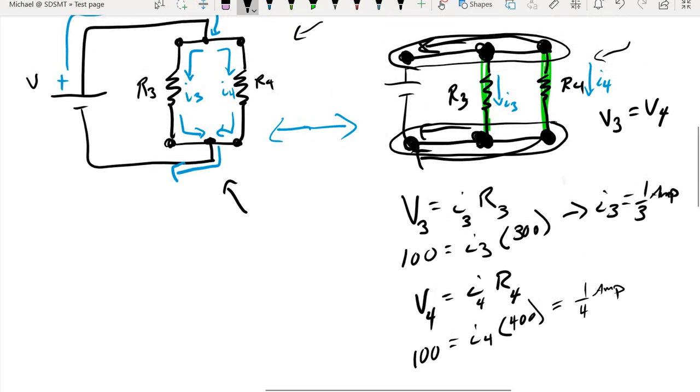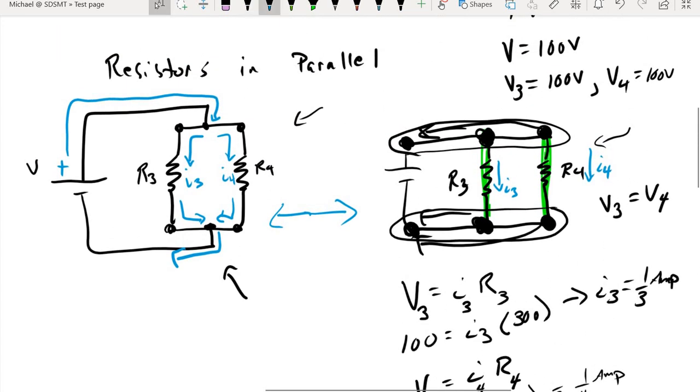And from this, what we can do is we can extrapolate what the current coming out of the battery is. Because we said once that current reaches this intersection, some of it is going to branch off and travel through resistor 3, some of it is going to branch and go through resistor 4.